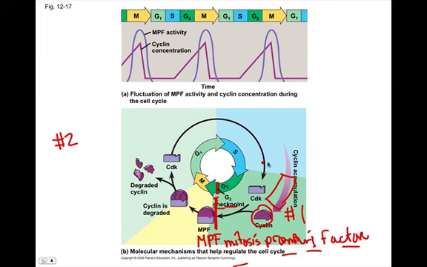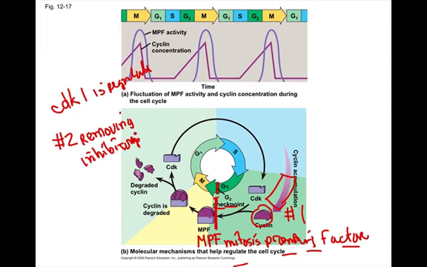So CDK regulation, and this is actually CDK1. There are several CDKs in the cell, and CDK1 works on the G2 to M checkpoint. CDK1 is regulated by one, cyclin, and two, it is regulated by removing inhibitory phosphates.